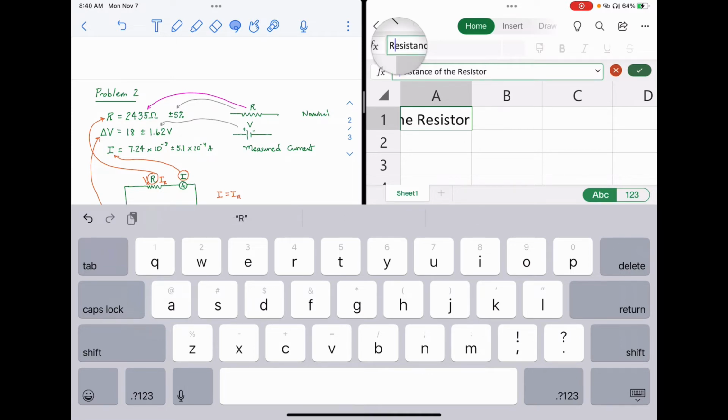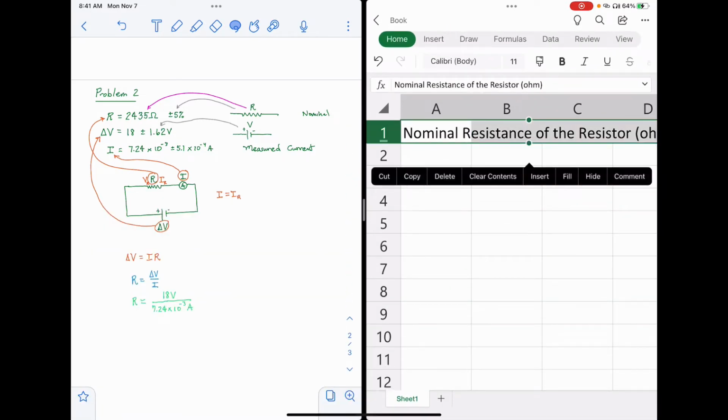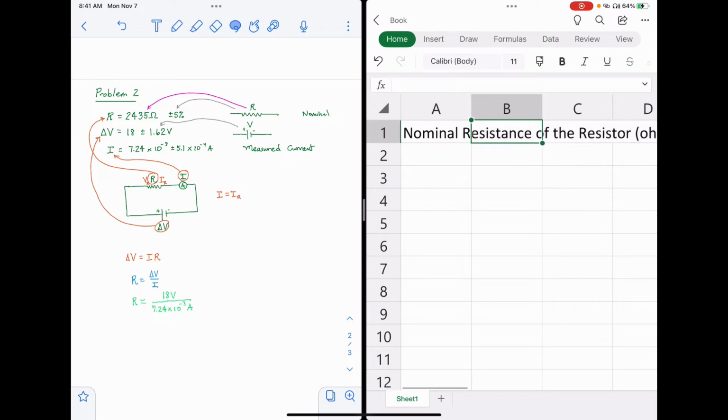So I should probably say nominal, or the expected value of the resistance. And because I don't know how to put a symbol in here for omega, I'm just going to type in OHM because it is just as useful. And I am going to keep going.